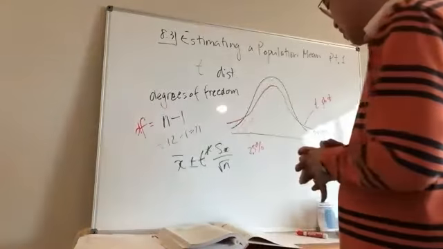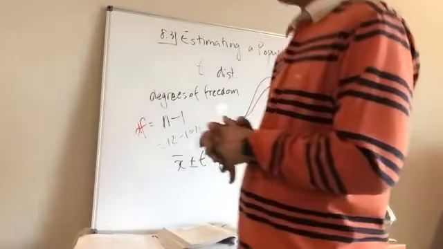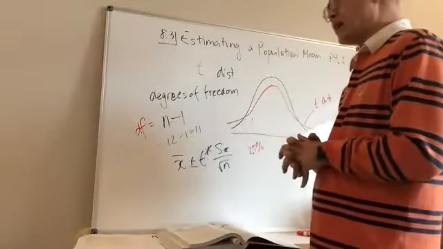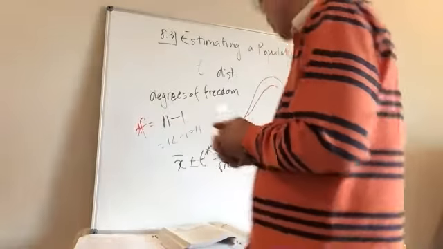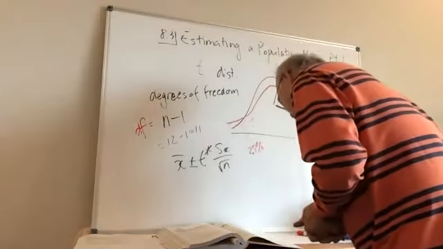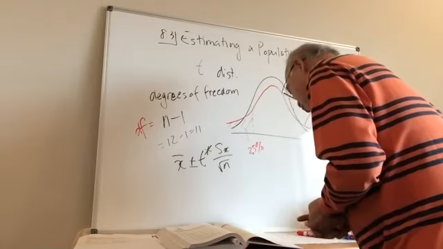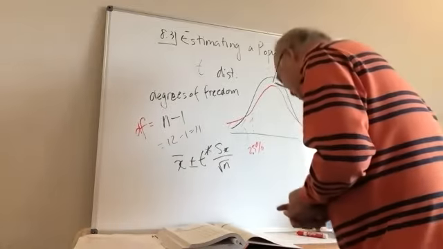Exactly. So if you go to the infinity line of the t distribution, you're basically looking at the same critical values as if you were in a normal distribution. That's why if you go to the 95% confidence interval, there's a 1.96 there, right? That one sounds familiar.